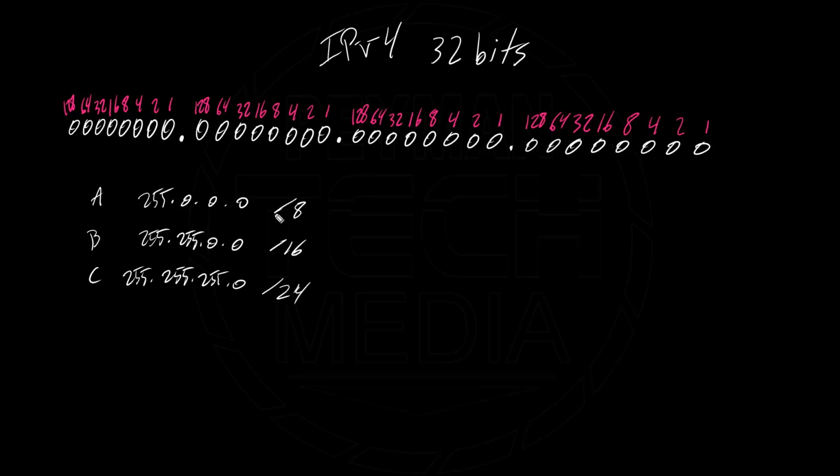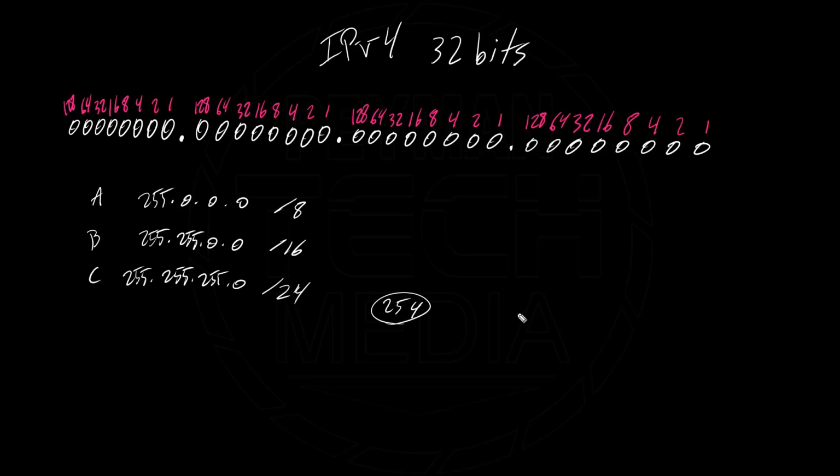For example, if we use the default subnet mask for a class C network, we already know it gives us 254 available IP addresses. Let's say we don't want to use 254.